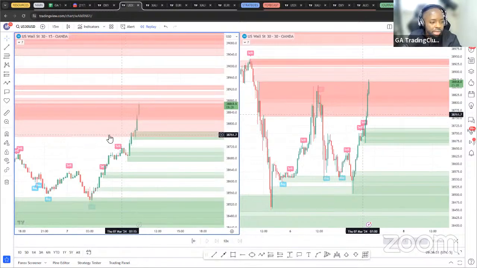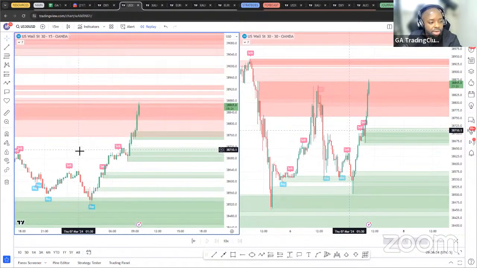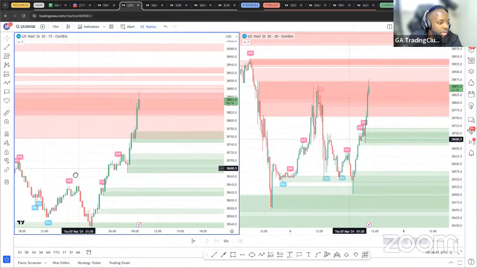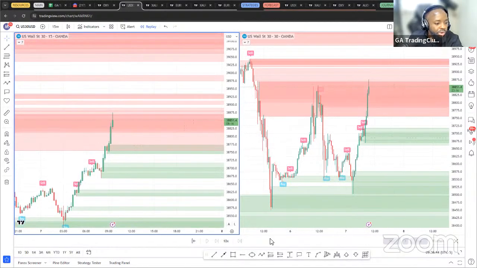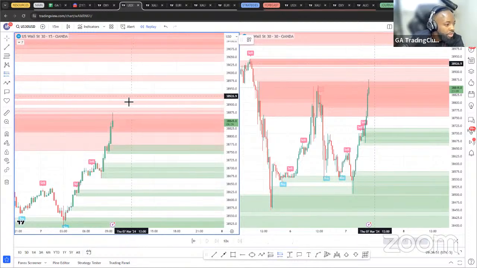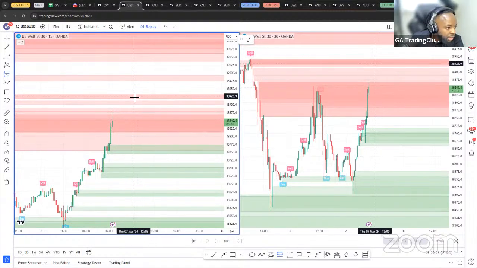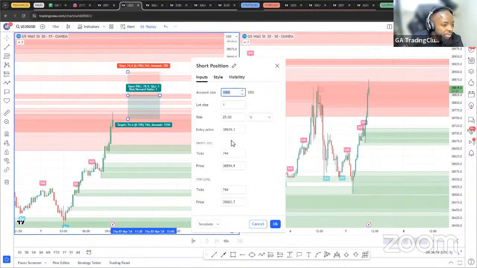And when I say inner supply and inner demand, I mean where do we have the supply zones within supply zones and demand zones within demand zones. So for example, here on the 15-minute time frame, ideally we want to ask ourselves, where is price headed? And we don't want to trade the market open candle. So definitely here we have this zone up here for a sell.